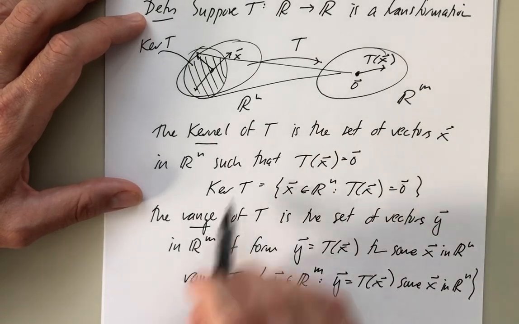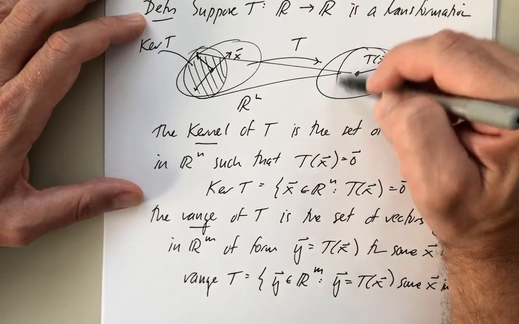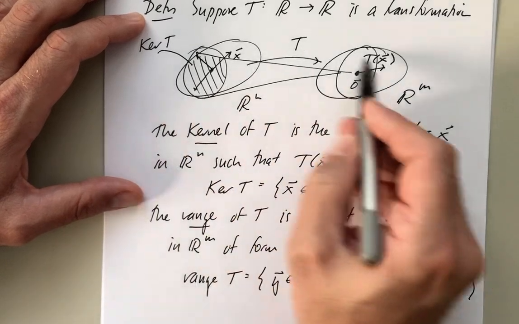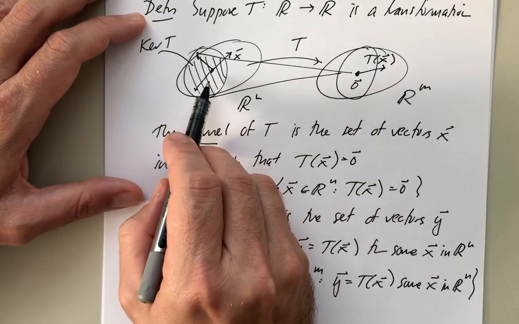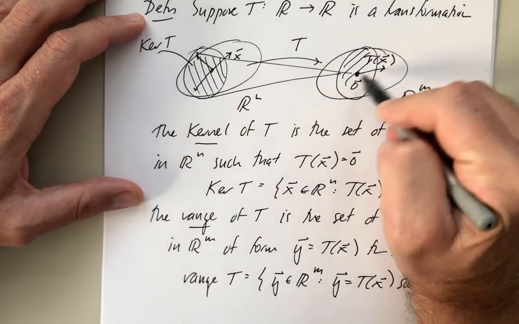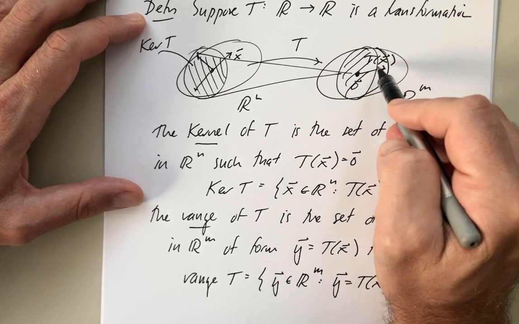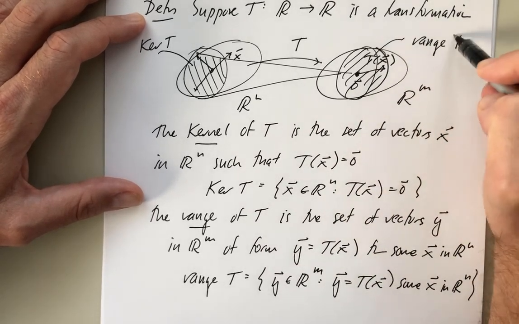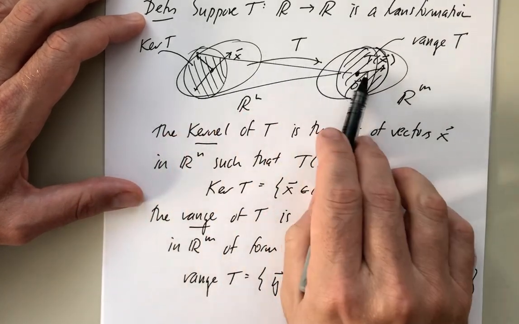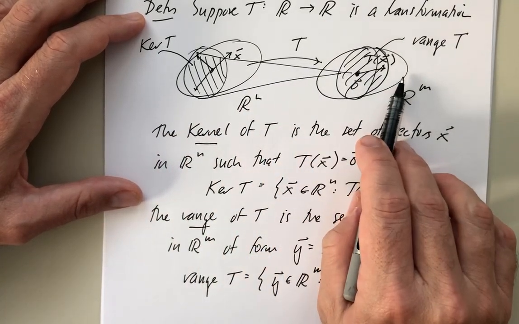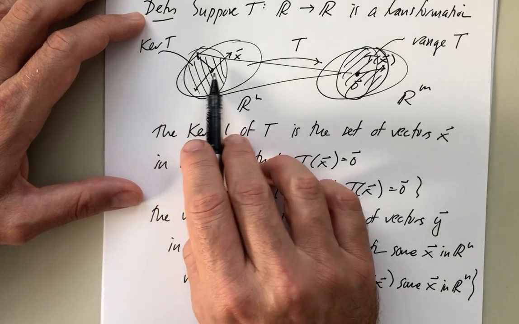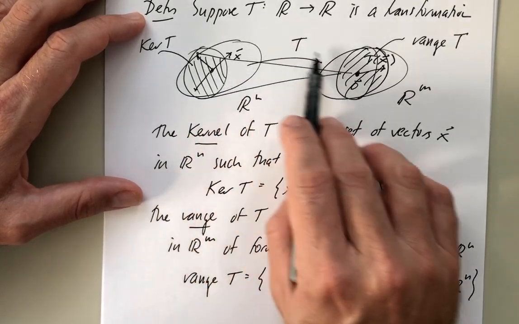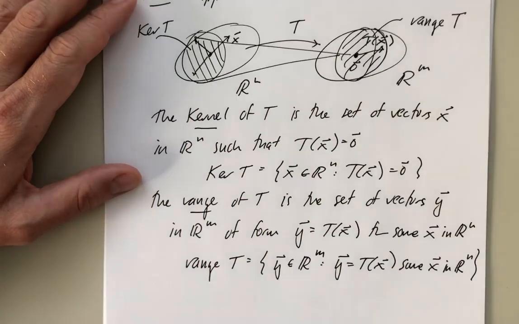Whereas the range is all the stuff over here that comes from the left-hand side. So the range would be everything on this right-hand side that comes from something, and it actually includes that vector there that I drew. It's possible that there are some vectors in R^m that don't come from anything in R^n via this transformation. Those are not in the range.